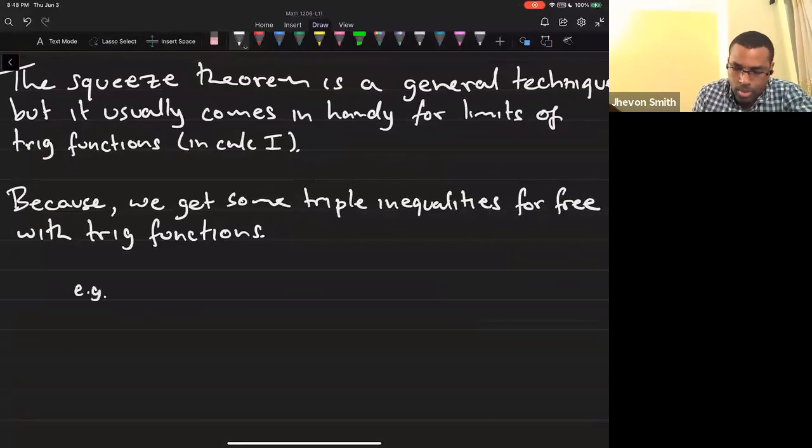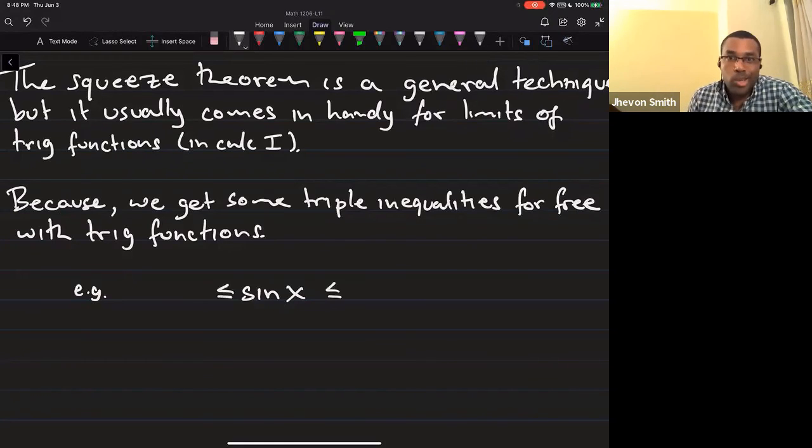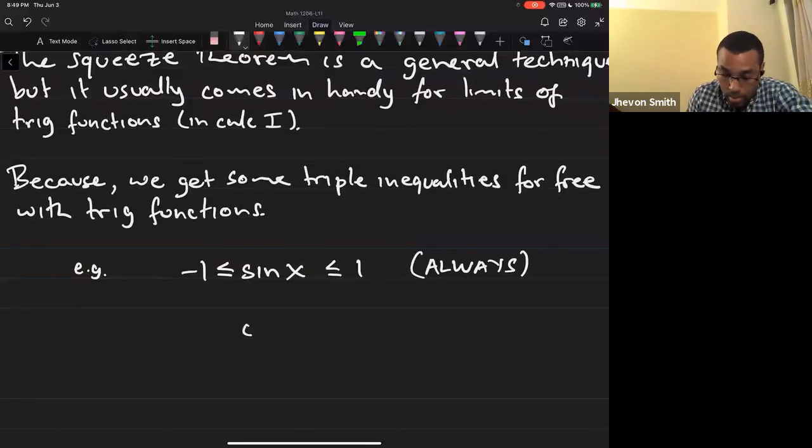Example, if I say sine of x, it turns out that I automatically will know two things on either side of sine of x. If you know about sine of x, which I'd expect you to know because it's a trig function and you guys are expected to know trig, you'll know that it always is greater than or equal to -1 and less than or equal to 1. So I know that that's true always, right? So along with the sine function, there's a triple inequality that's always in the background. Similarly for cosine.